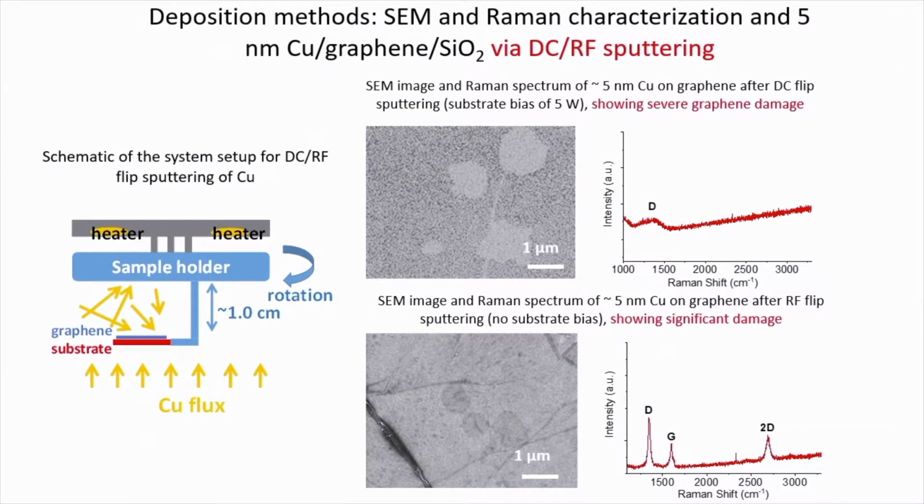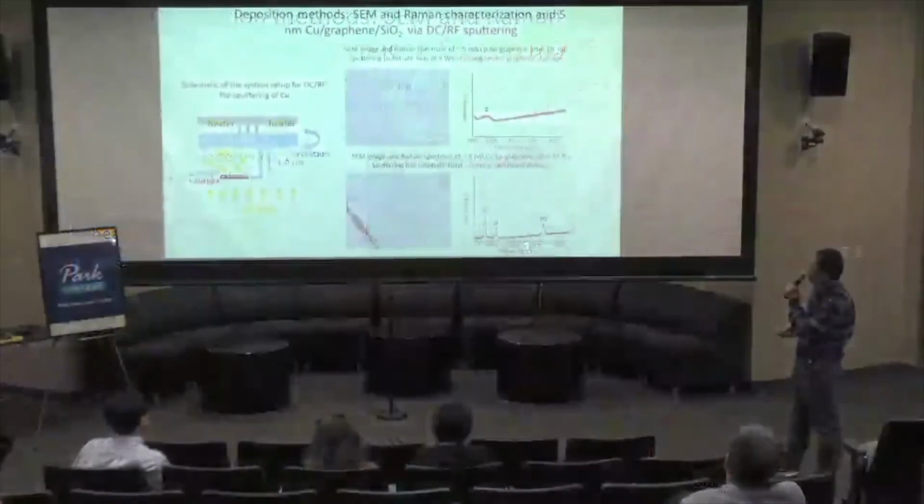Yes, the 2D and G peaks are preserved, but compared to thermal evaporation, the D peak is quite significant. So this means that with the sputtering method, even with the flip sputtering setup, we still get severe damage to the graphene.